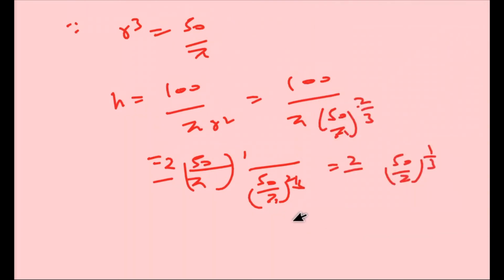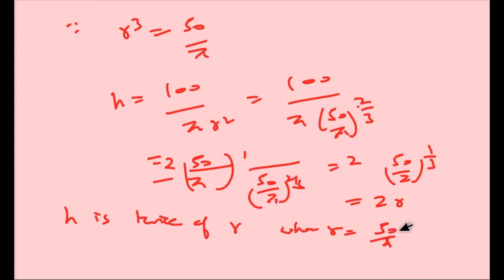So now we can say it is 2r. Okay, so h is twice of radius, where radius equals 50 upon pi to the power 1 by 3 in centimeter.